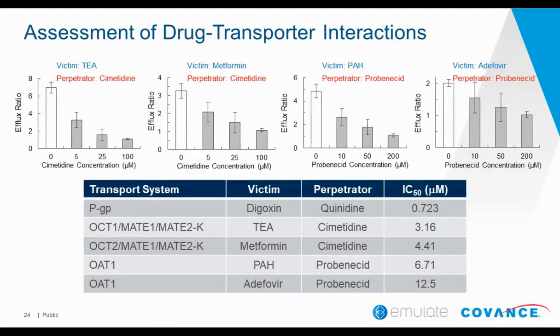And in every instance, again, we can see a very dramatic and very clear-cut concentration-dependent interaction throughout the system, with the IC50s reported there for PGP, as well as for OCT1 versus MATEs, OCT2 and MATEs, as well as the organic anion transporters, with probenecid acting as the perpetrator.